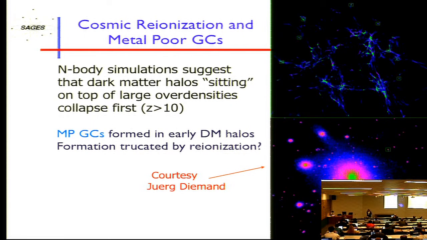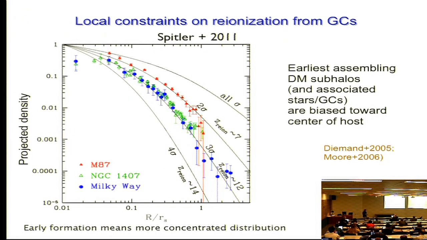And we also think that there was some mechanism which truncated globular cluster formation temporarily at high redshift. And one possibility for that mechanism is cosmic reionization. So consequently, if that's true, then the distribution of metal-poor globular clusters around galaxies gives you an indicator of the epoch of reionization, and looking from galaxy to galaxy, you can see how homogeneous or otherwise that reionization might have been.